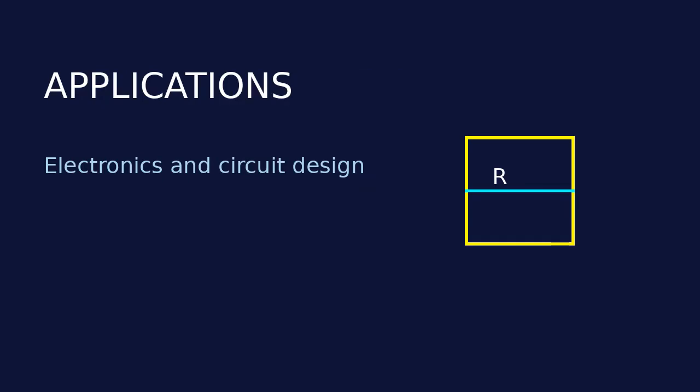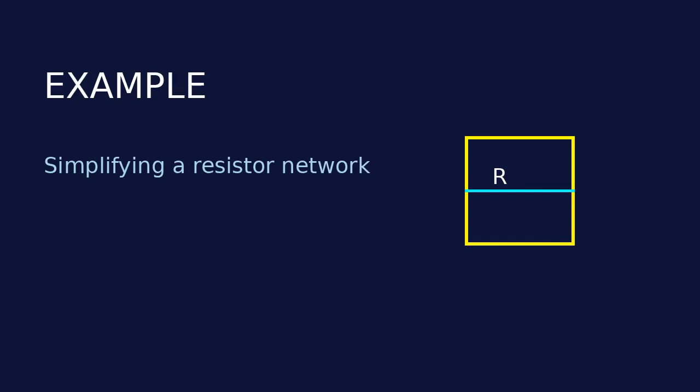Today I explained Thévenin's theorem applied to a circuit with two sources. This theorem says that a linear two-terminal circuit can be replaced by a voltage source in series with a resistance.